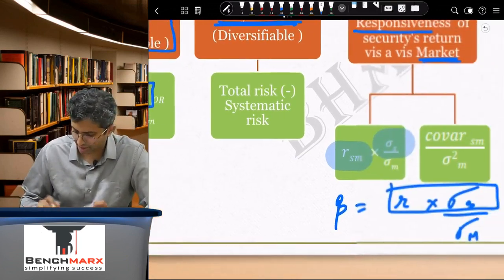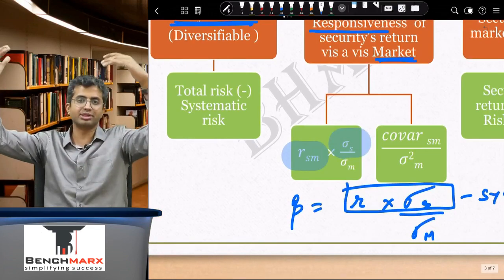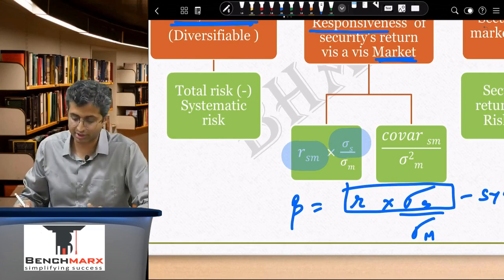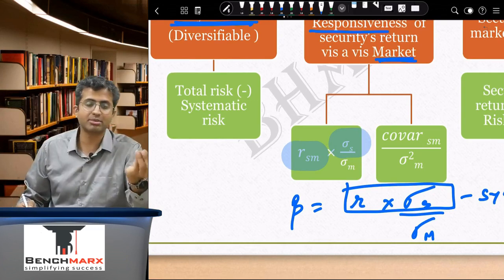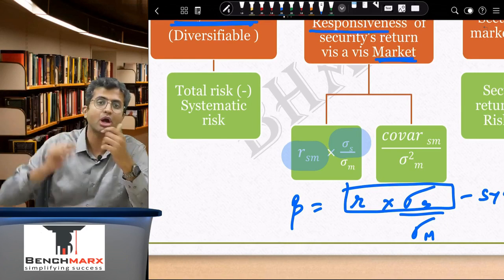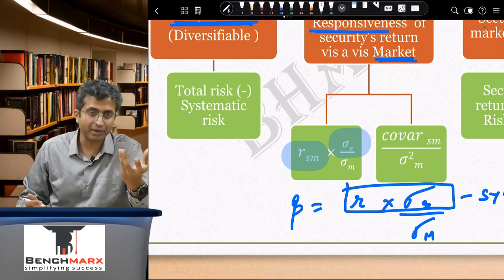Another way to say it, beta is the systematic risk of the security upon the systematic risk of the market, and hence the numerator is the systematic risk of the security. So you should remember that your systematic risk is not 1.5 or so, it is 1.5 into the market risk, where 1.5 is the beta.